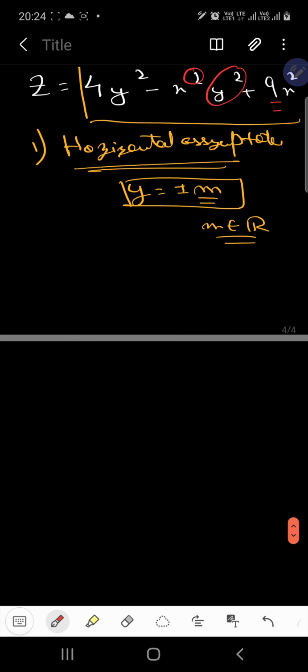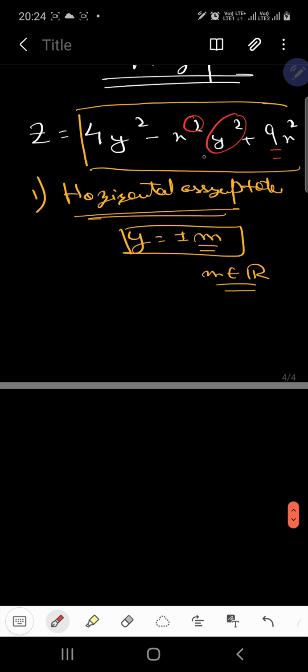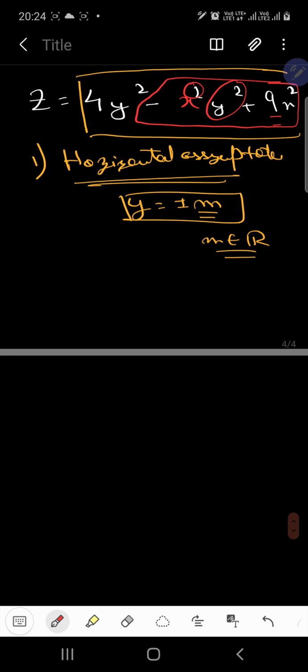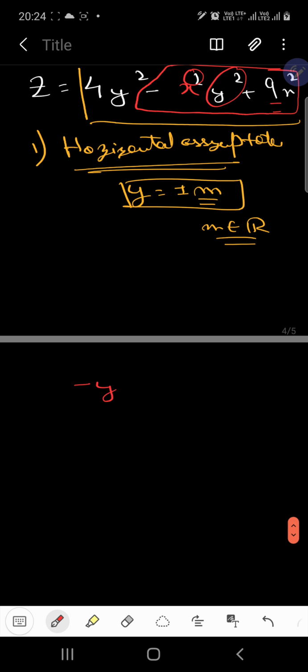We need to form an equation of the coefficients of the highest power of x and equate that to 0. Basically, if we take x square common from this portion, we should bracket the negative sign too because it will create a problem. So we take x square common out, and we get minus y square plus 9, and these are the coefficients of the highest power of x.